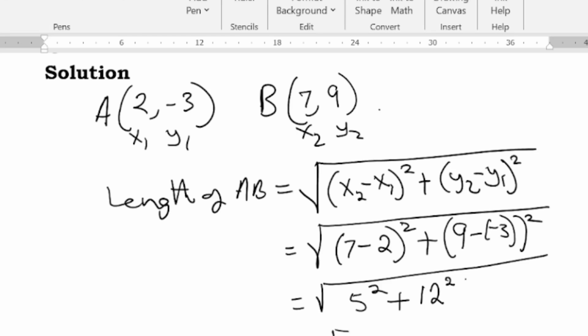And so this is 25 plus 144, and when you add those two, you get 169.